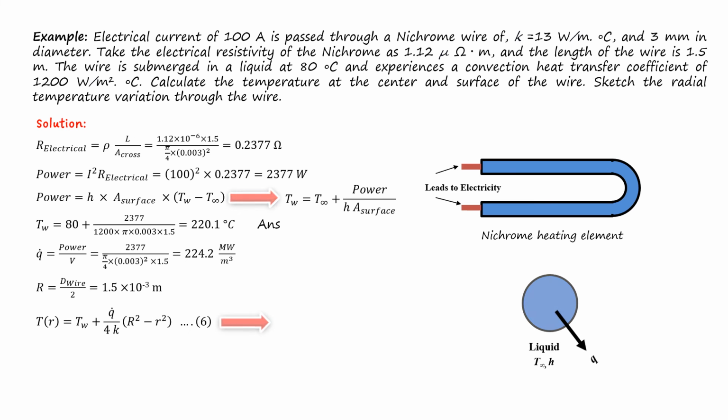And we have T sub r, which represents the temperature distribution in the radial direction, equation number 6. If we substitute the values and use r equal to 0 at the center, then we will end with an equation T naught equal to T sub w plus Q dot divided by 4k times capital R square.